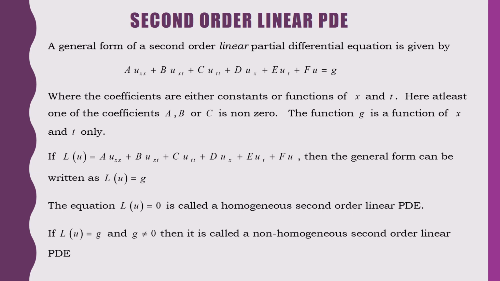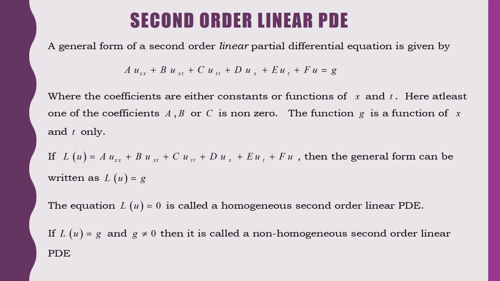Otherwise, the equation cannot be called a second order PDE. Now, in this equation, the coefficients A, B, C, D, E and F are either constants or functions of x and t. Similarly, the function on the RHS, G, is also a function of x and t only.